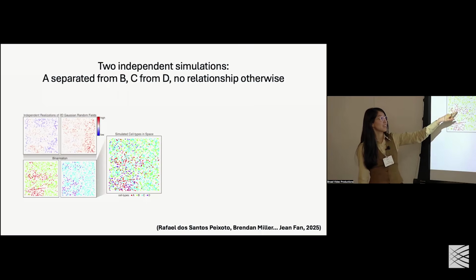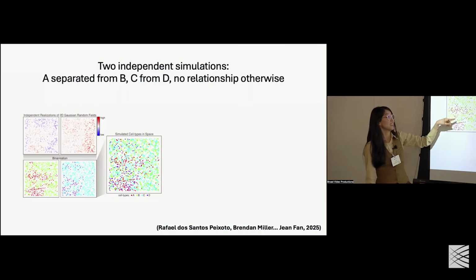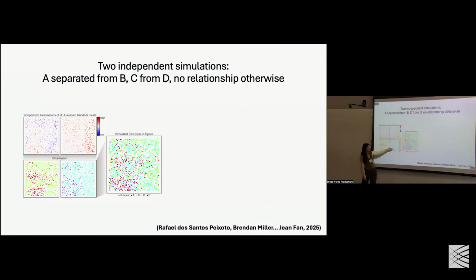So you would expect cell type A to be co-localized with cell type A, but because they're complementary patterns, cell type A should be separated from cell type B. And in this case, cell type C should be separated from cell type D, and cell type C should be autocorrelated with itself, so co-localized with itself.